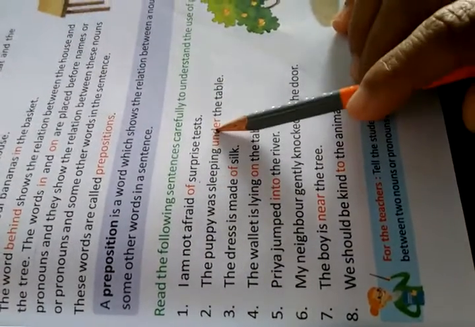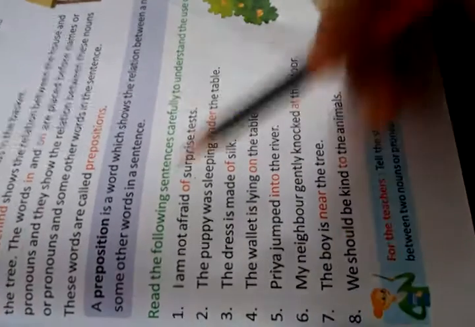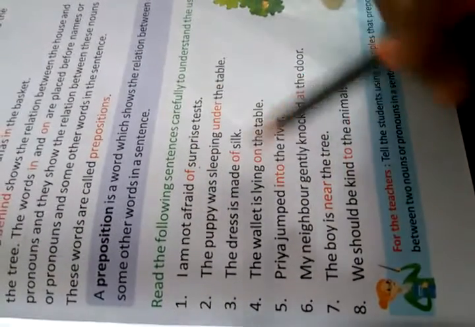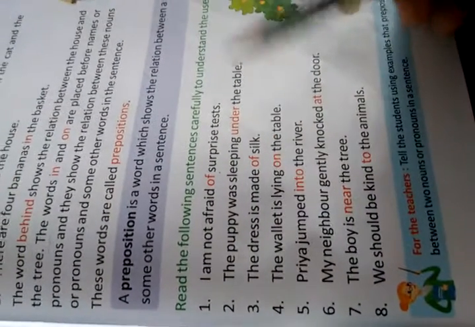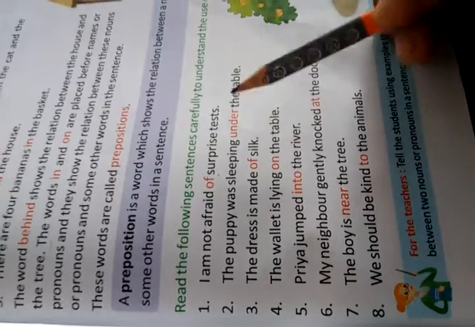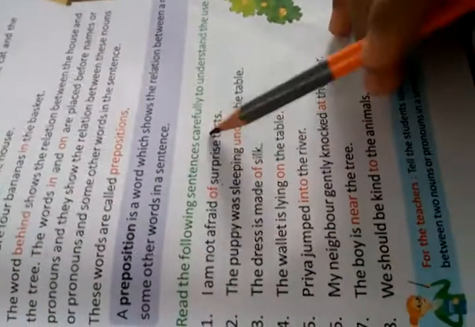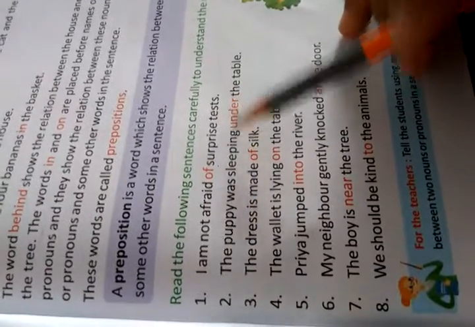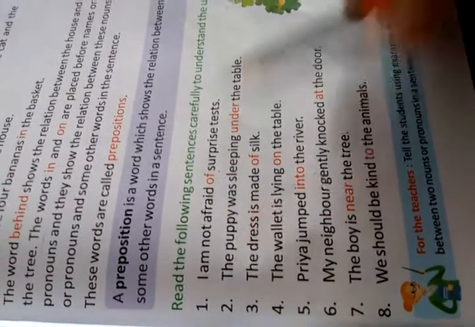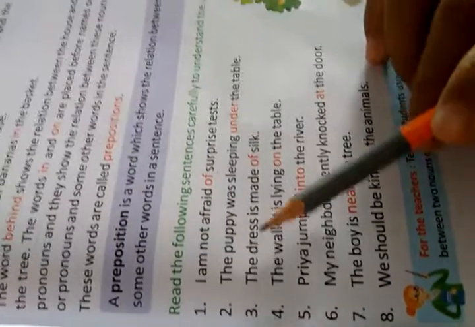Under is also a preposition. You can see the words in red color. All these are preposition words, showing the relation between a pronoun or a noun and some other word in the sentence. Under shows the relation between puppy and the table.